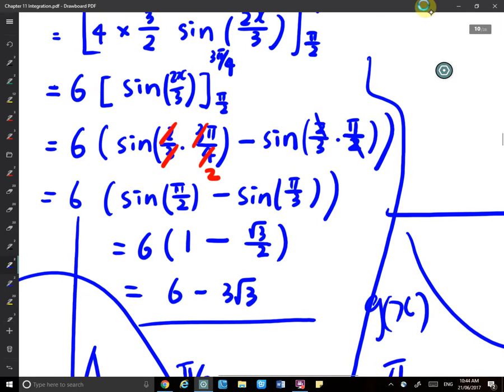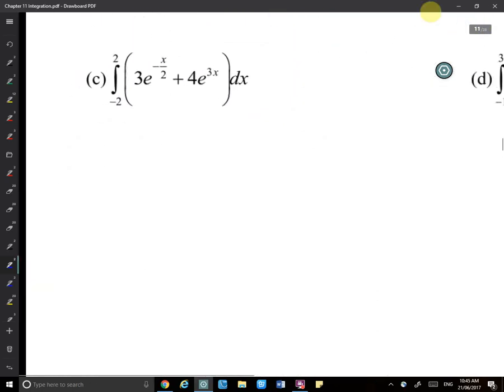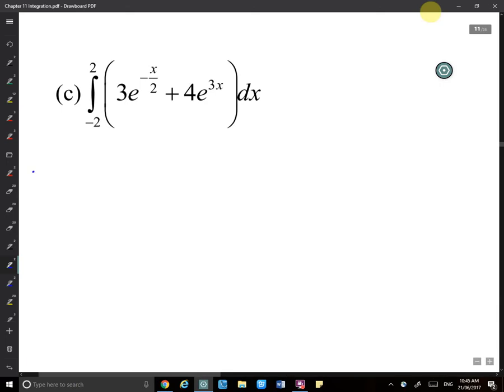Okay, next one. Next one is exponential. You have negative a half for the common factor, so you times negative 2 in the front.